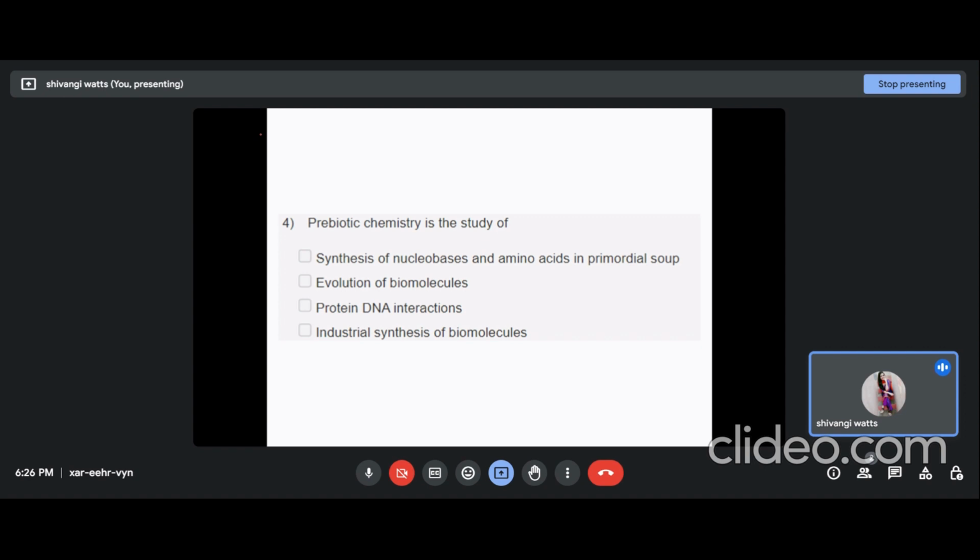So prebiotic chemistry is the study of synthesis of nucleobases and amino acids and evolution of biomolecules. Options A and B are the right options.